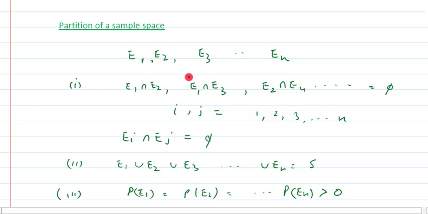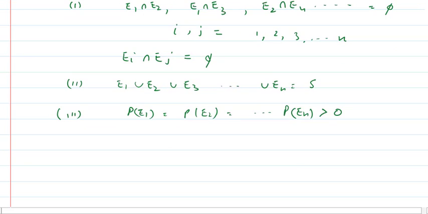So if two or more events satisfy these conditions, then these events are said to represent a partition of sample space. For example, you can take E and E naught are said to represent partition of sample space.